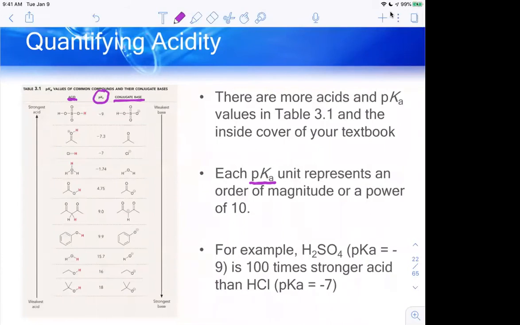So for example, H2SO4 has a pKa of -9, a very, very low number, so a very, very strong acid. And it's going to be 100 times stronger than HCl, because the pKa there is -7. So I have 2 log units, 10 times 10, and that gives me that 100 times stronger value.